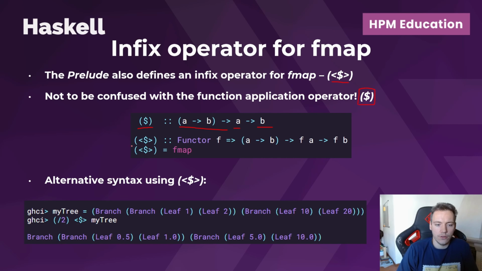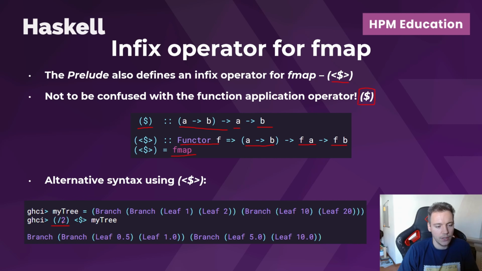On the other hand, the fmap operator is the same as fmap, right? Given a functor f, it takes a function and the data structure fa, and turns it into a data structure of fb's by mapping the function over it. It's simply fmap, nothing else. So instead of writing fmap, we can use this infix operator.